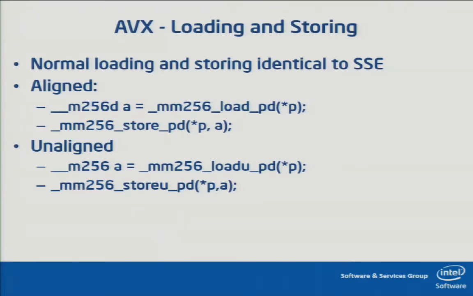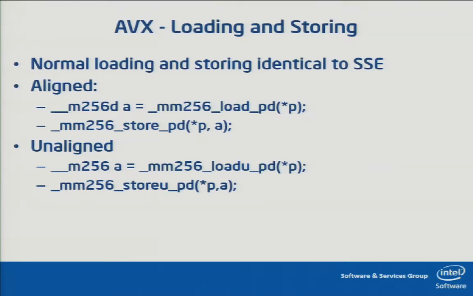Here I assumed that the position pointed to by P is aligned to 32 bytes, so half a cache line, essentially. And this is the width of the vector. So this instruction will crash if it's not aligned. And you're invited to try that out when we do the hands-on later. Just try an aligned load on an unaligned position and see what happens.